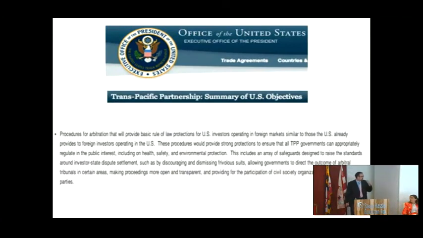So in a policy statement that was put out by USTR just 2 days ago, you see them in the last part of this statement trying to presage, trying to respond, at least rhetorically, to some of the concerns that people have around these agreements, and saying that they're going to try to fashion new safeguards within these new agreements for public health regulations.